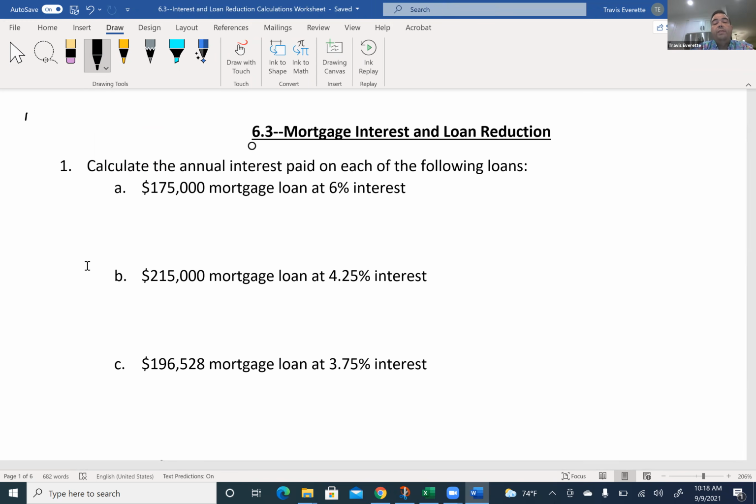And we always have a T-bar that we can use when we're calculating interest. It looks like this. It says the annual interest is equal to the loan balance or the principal amount, means the same thing, times the interest rate.